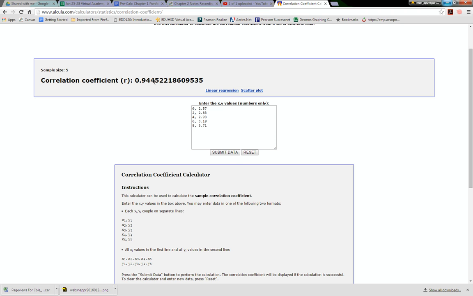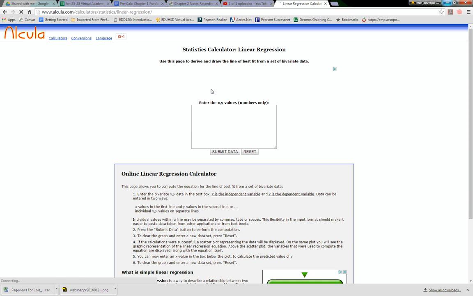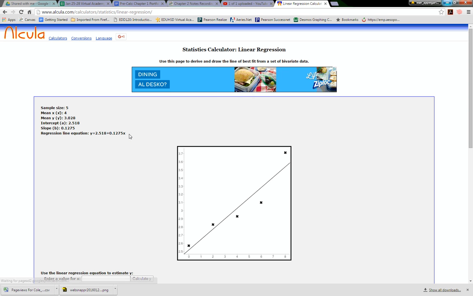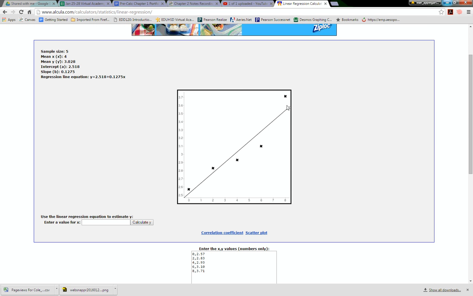The correlation coefficient is 0.94. It's not bad. Let's look at the linear regression. So here is our scatter plot. So go ahead and copy this down. And our equation is y equals 2.518 plus 0.1275x. And we're going to use that.